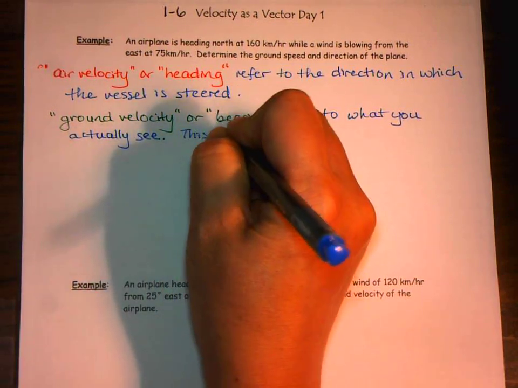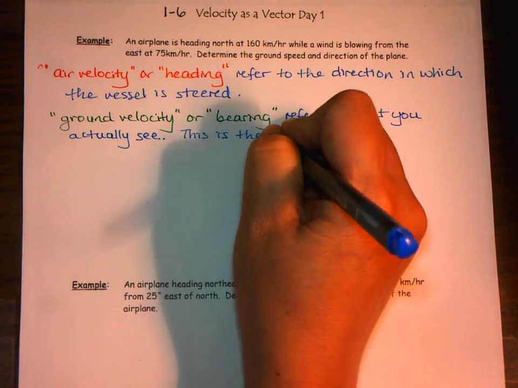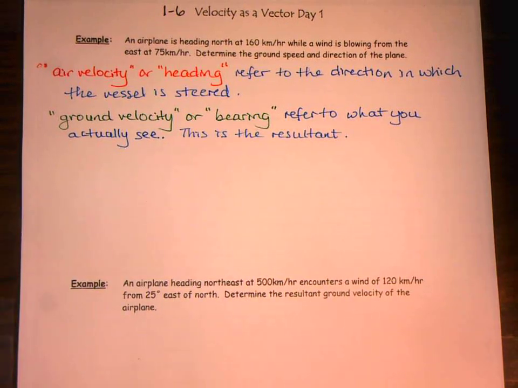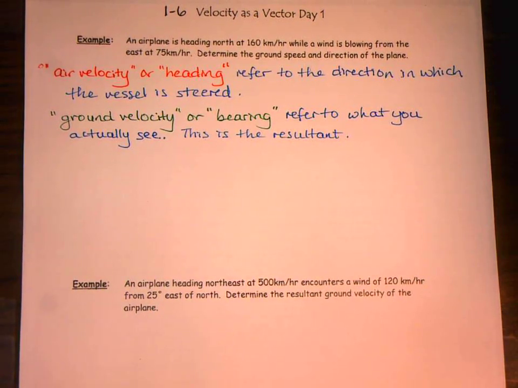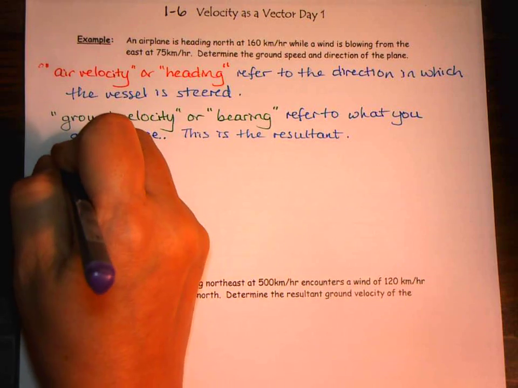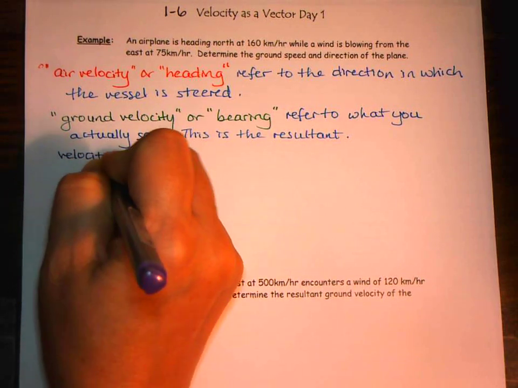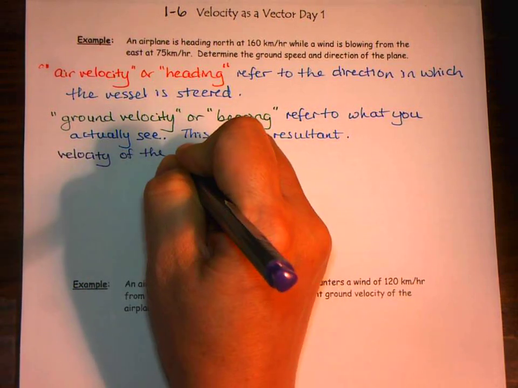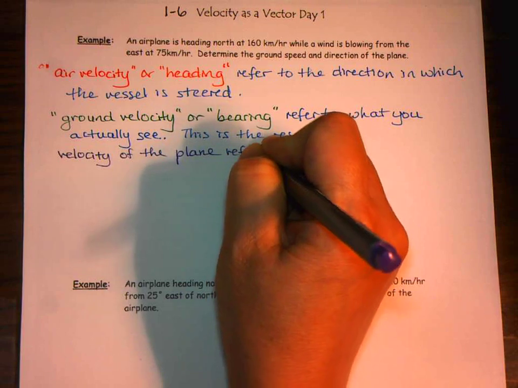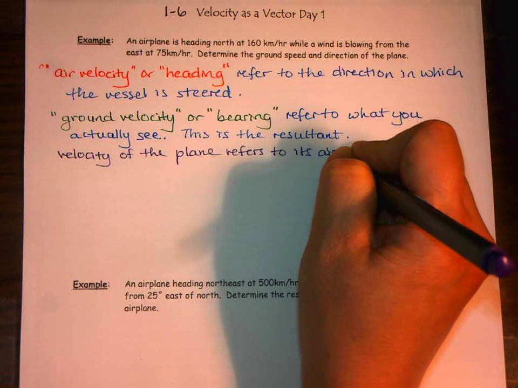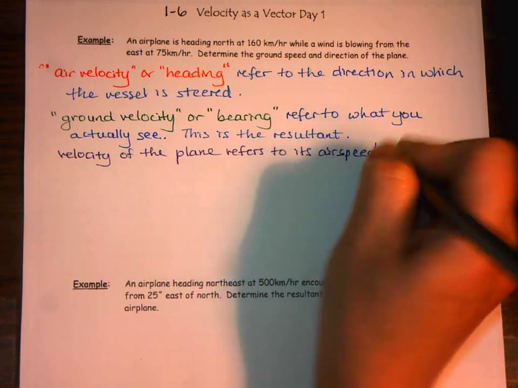This is the resultant. Okay. The velocity of the plane. So that's another term. Velocity of the plane refers to its airspeed. Okay.